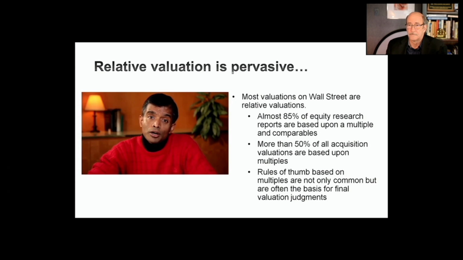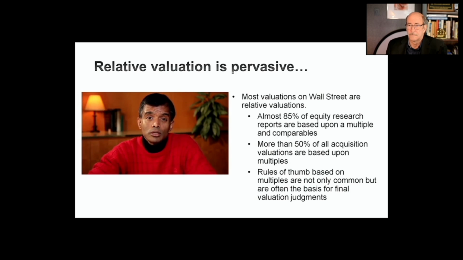I took a look at about 100 acquisition valuations, hoping or expecting things to be different in corporate finance. Out of the 100 acquisition valuations, I got a much more even split. About half were discounted cash flow valuations, half were relative valuations. But then I took a closer look at the half that were discounted cash flow valuations, and I noticed that in most of them, the biggest number, the terminal value, was estimated using a multiple.